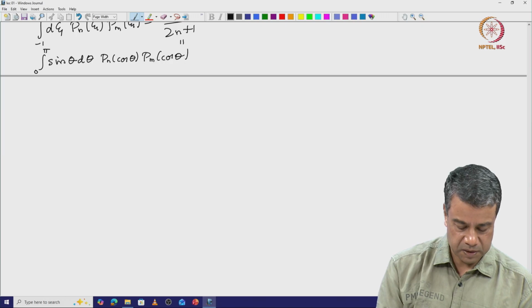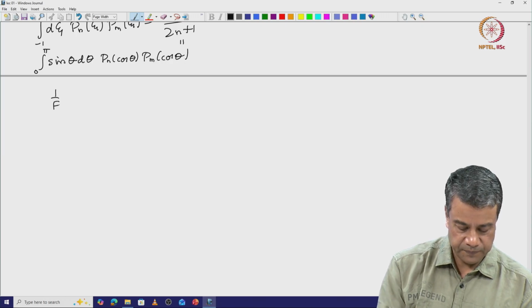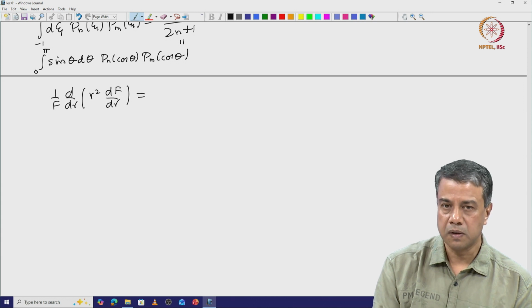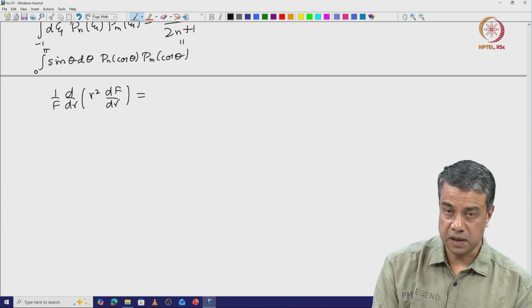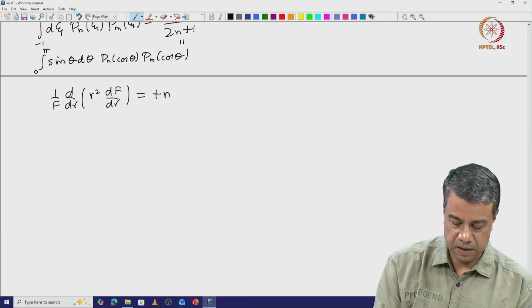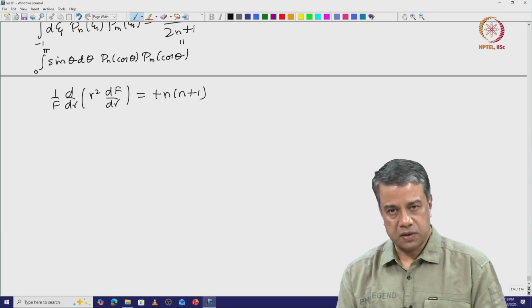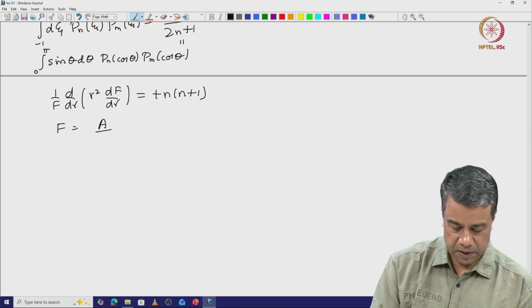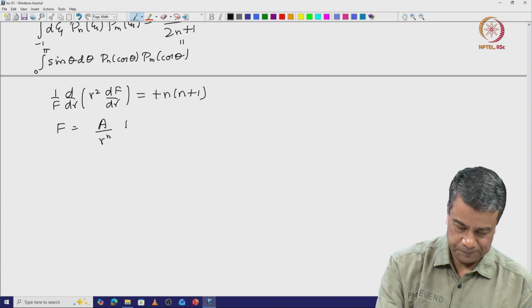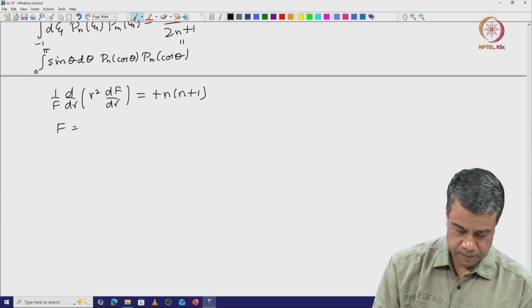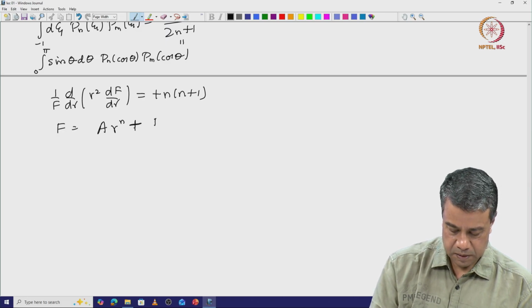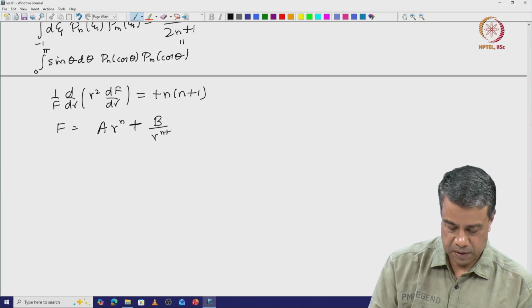For the radial contribution we have 1 over f d by dr of r square df by dr equal to, in the case of g we had minus n into n plus 1, in this case we have plus n into n plus 1, and I had solved it in the last lecture for you to get f equal to a r power n plus b by r power n plus 1.